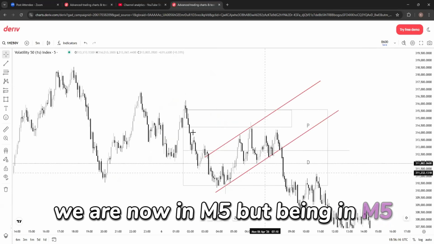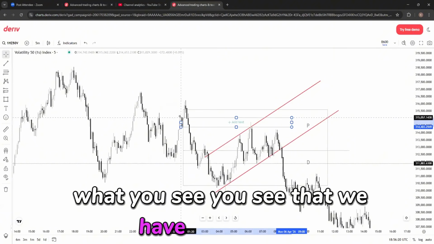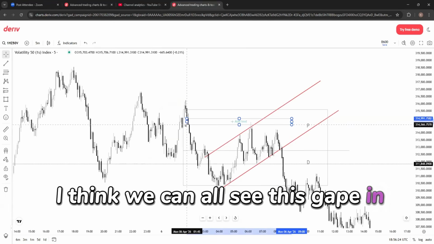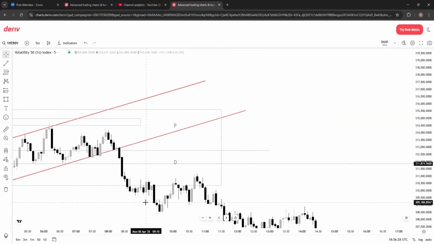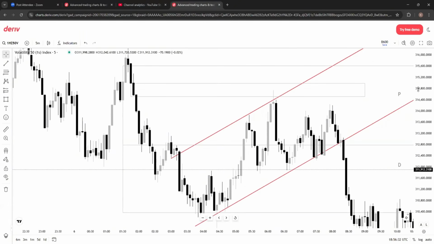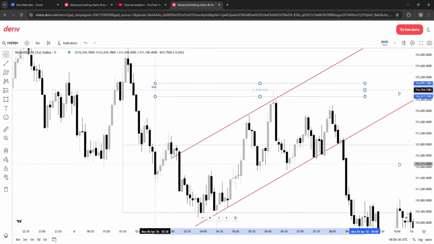But being in M5, what do you see? You see that we have a gap here. I think we can all see this gap in M1, M5. Let me zoom in on it. You see that we have a gap here. I think we can all see the gap.